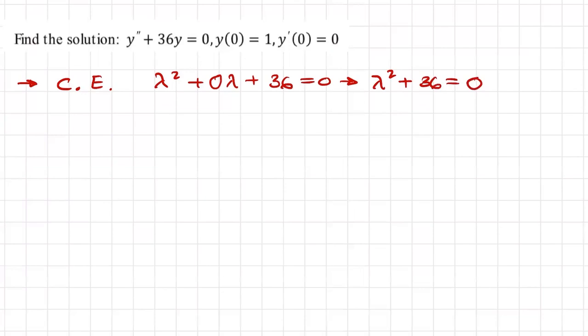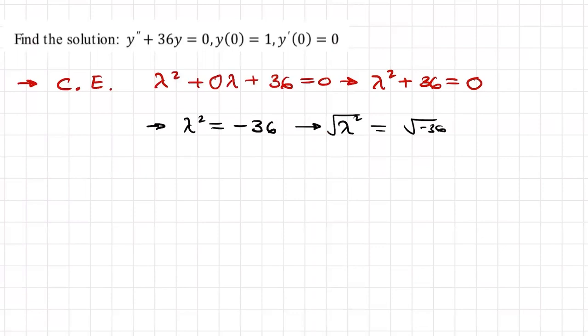Now, we can solve this one multiple ways. Well, basically it's one way, just doing algebra. So let's solve it. Over here, lambda squared is equal to negative 36. If we take the square roots to get the lambda roots, we take the square root on both sides and also get the square root of negative 36.